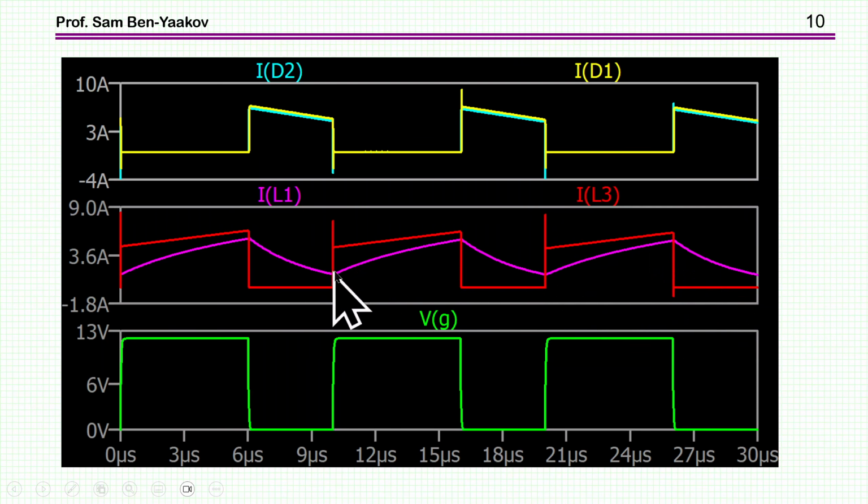Here we see it a little bit smoother. And the reason is that the capacitor is not infinitely large, and therefore it is charging and discharging to some extent, but this does not affect the operation of the circuit. Okay? Still, the transfer ratio is exactly the same as in the case of the Flyback.